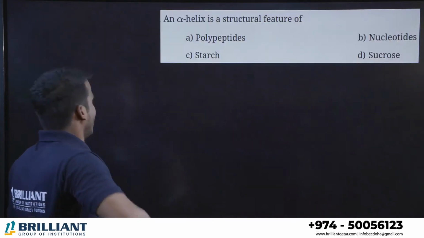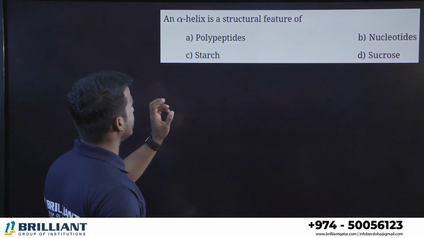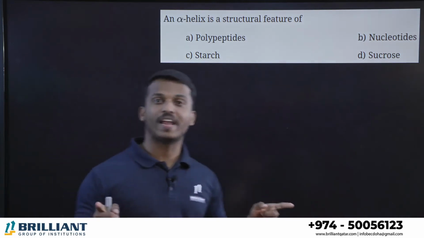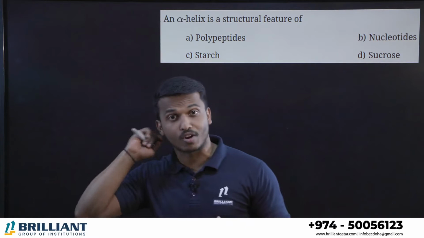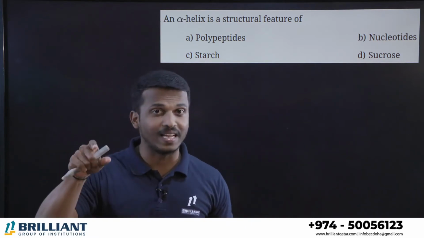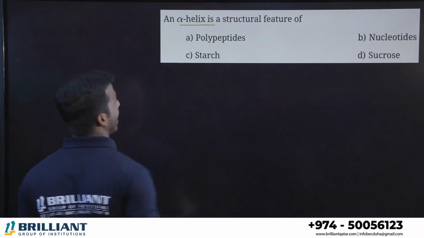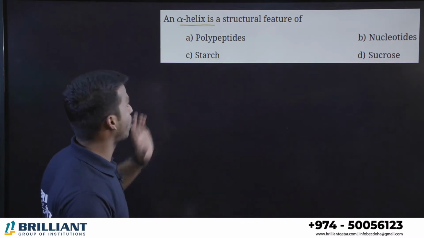Alright. Next question, all of you, a simplest question. The alpha helix is a structural feature of which one? You may have studied that protein has two types of secondary structure, right? What are the secondary structures of protein? Alpha helix and beta pleated. Alpha helical structure is actually related to protein.